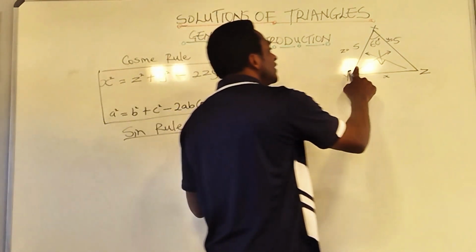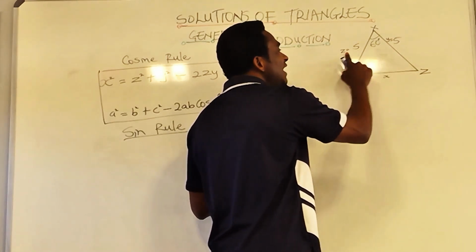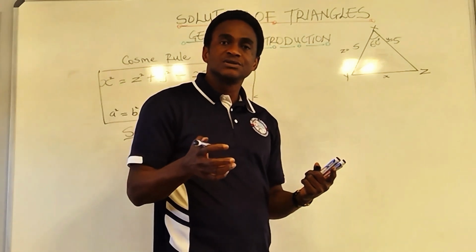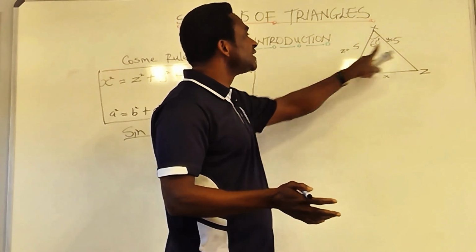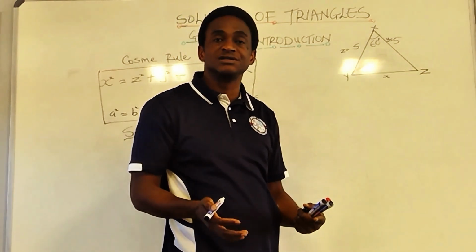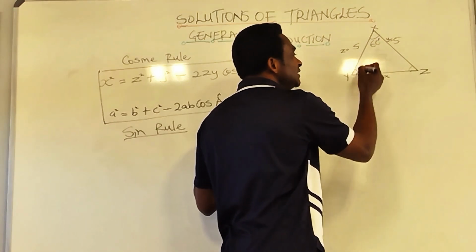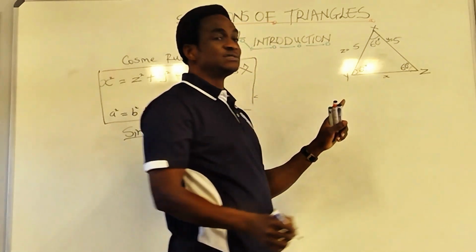Let's look at this triangle, for example. For this triangle, I have 5 here, I have 5 here. We have 3 types of triangles: scalene, equilateral, and isosceles. If two sides are equal, it means this is an isosceles triangle. So I can go on and make sure that the base angles are equal because it is isosceles.